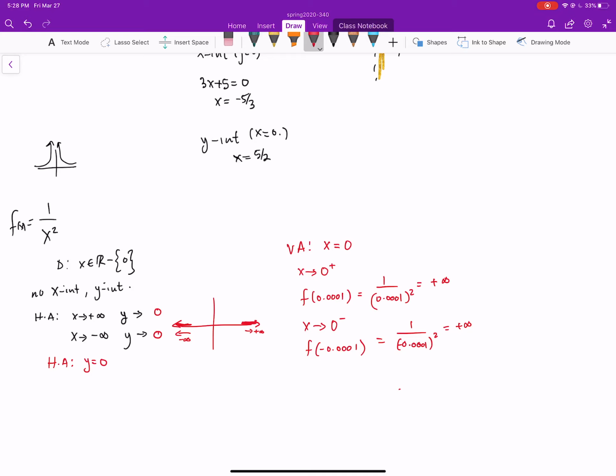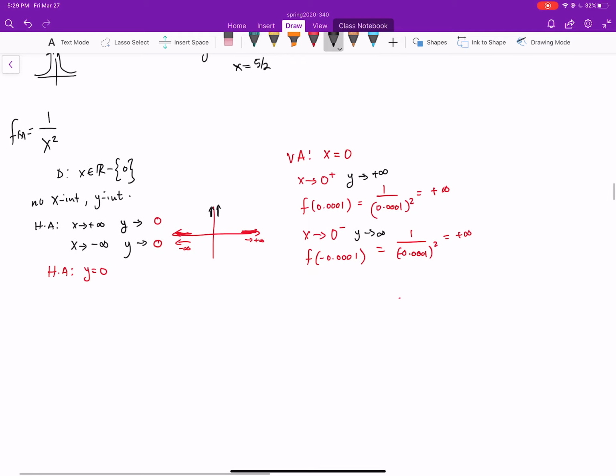So as you are approaching 0 from the right, y is approaching positive infinity, and as you approach 0 from the left, y is also approaching positive infinity. If you connect everything, it looks like as you approach 0, you are both going in this direction.